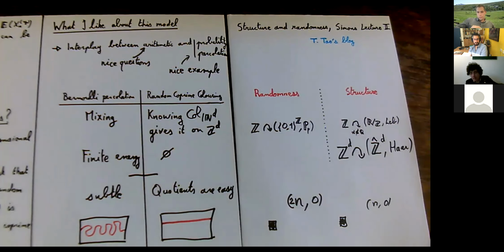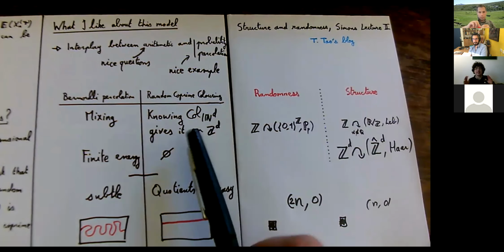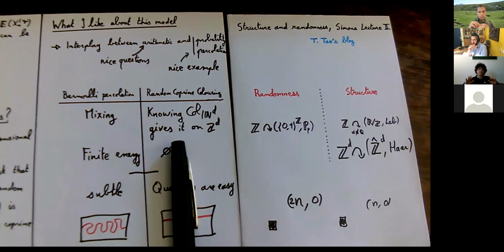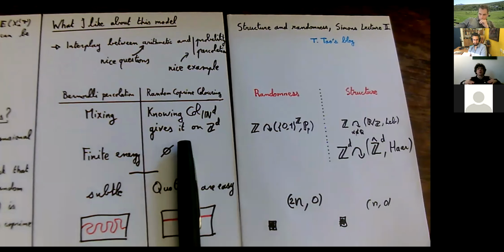You can bound rate of correlation decays. Yeah, I'm not sure I will be able to say. Yeah, maybe my mind is not in the correct alignment to answer your question. But one thing I can say, however, and I can say it once again, is that with probability 1, if I give you the coloring in the upper half space, then you can, with probability 1, guess all the colors in the complement.